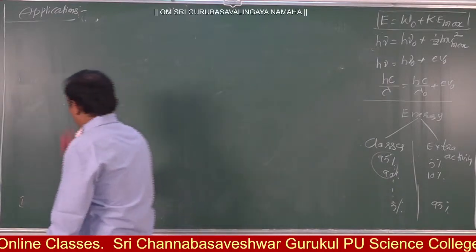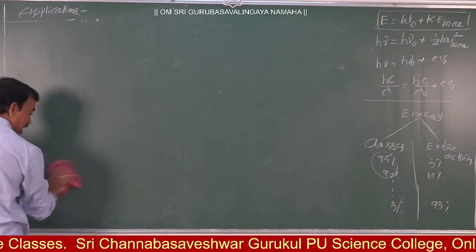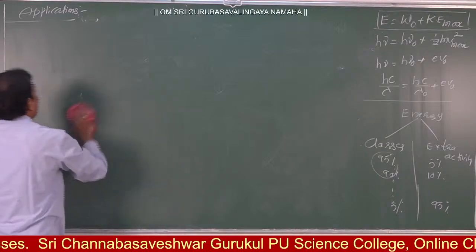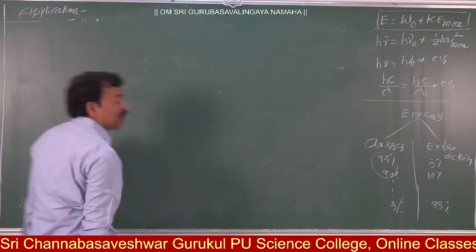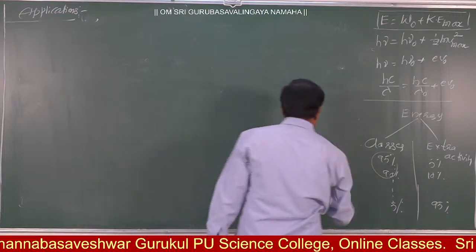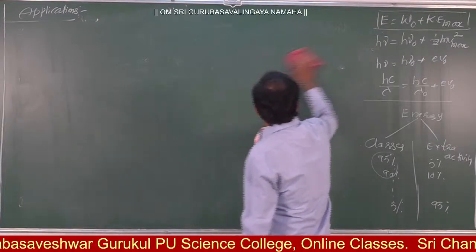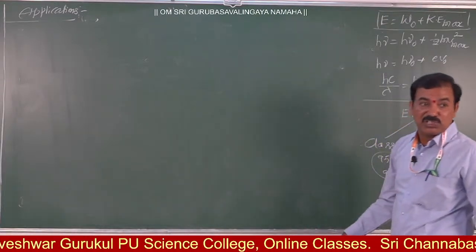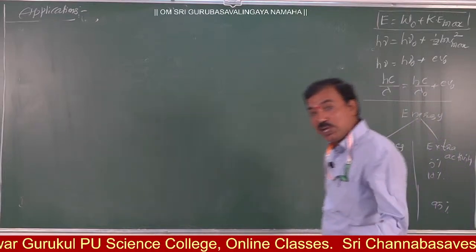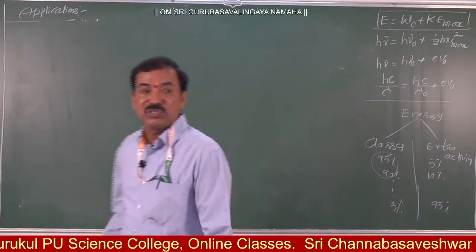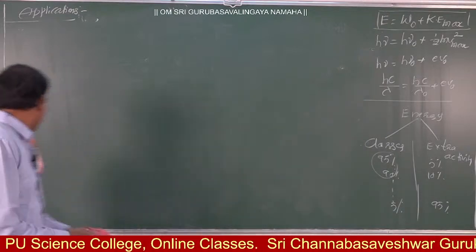In the previous application, we changed only lambda 1 to lambda 2, and we found the ratio of the maximum kinetic energy. Suppose in this application the kinetic energy also changes from K1 to K2. So then what is that equation here?